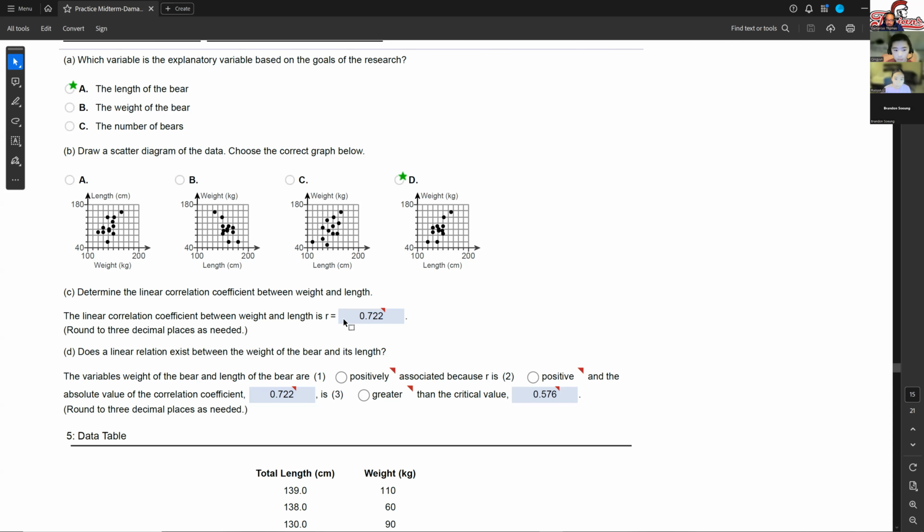We already know that r is going to be between -1 and 1. If r is positive, that lets us know that we're dealing with a positive relationship. If r is negative, we're dealing with a negative relationship.